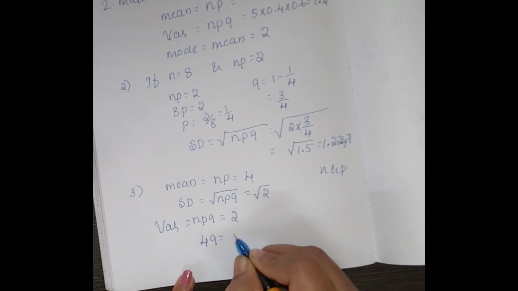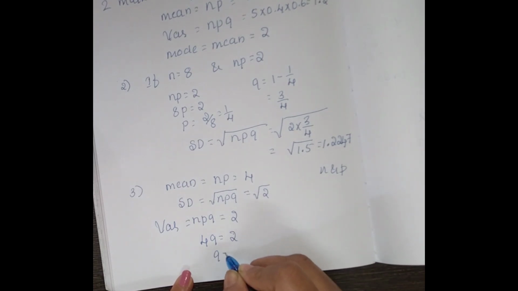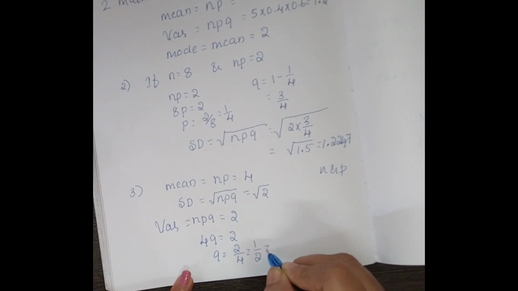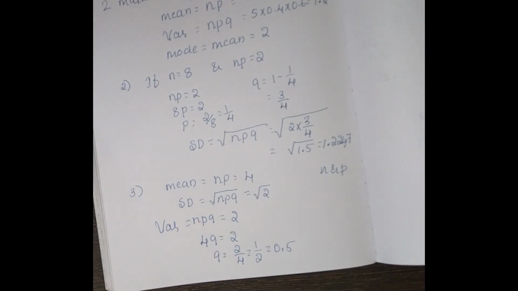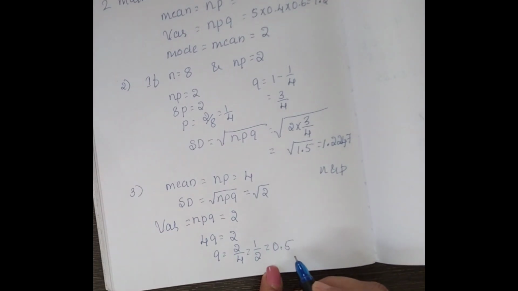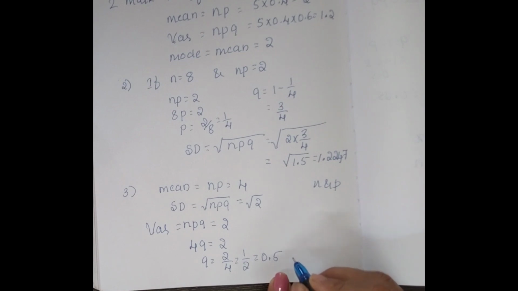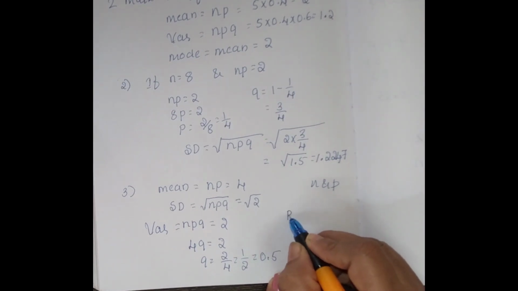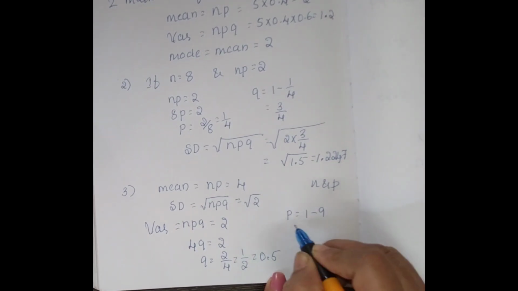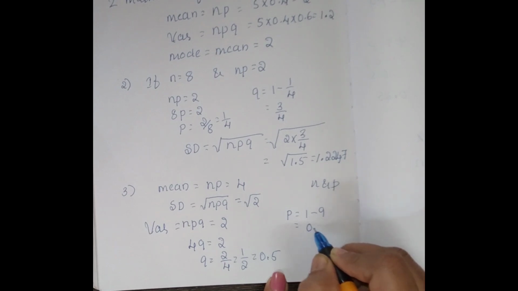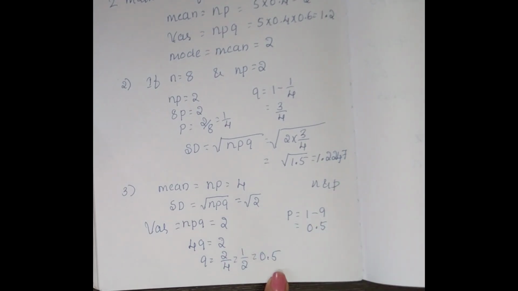4q is equal to 2. Then q is equal to 2 by 4, that is 1 by 2, that is equal to 0.5. 0.5 is the answer. q we got, p is equal to 1 minus q, that is also 0.5.